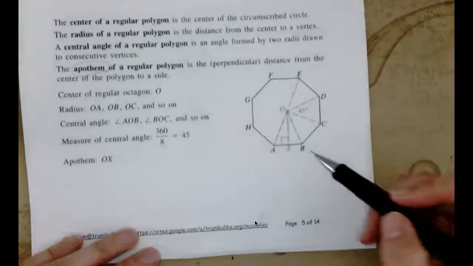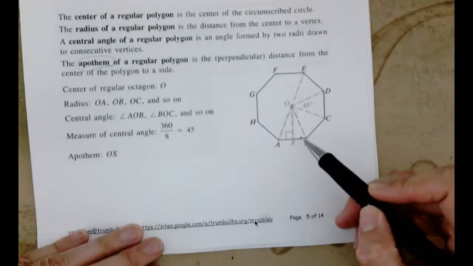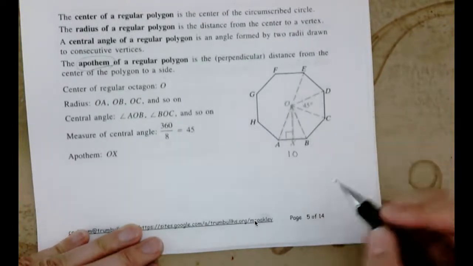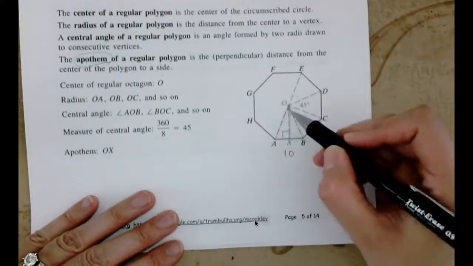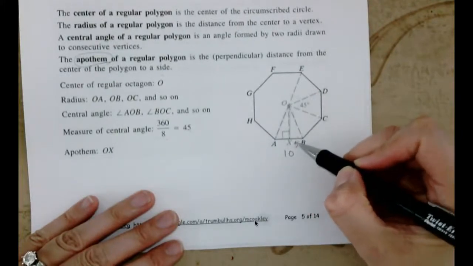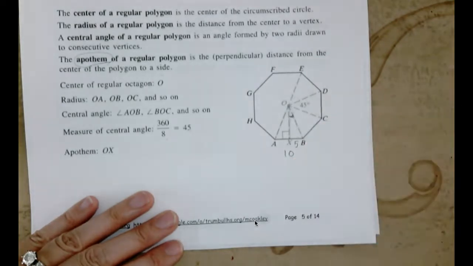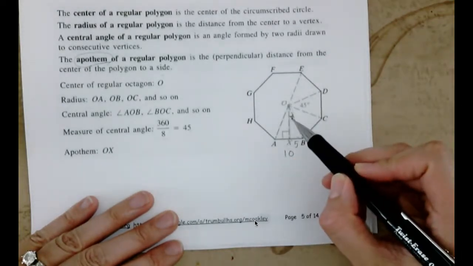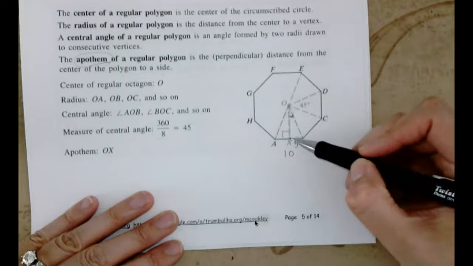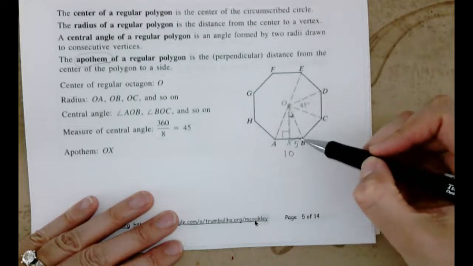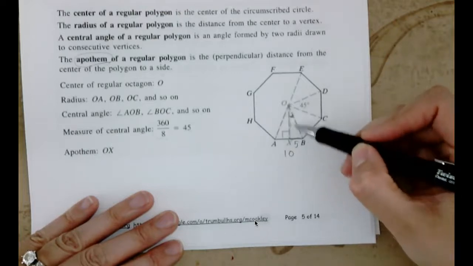Just so you know how to get the area of an octagon if they give you, for example, that the side is 10. This is isosceles, so this is bisected, so this is 5, right? And you can get this angle, right? This is 45 divided by 2, and you know the opposite side. You want to know the adjacent.